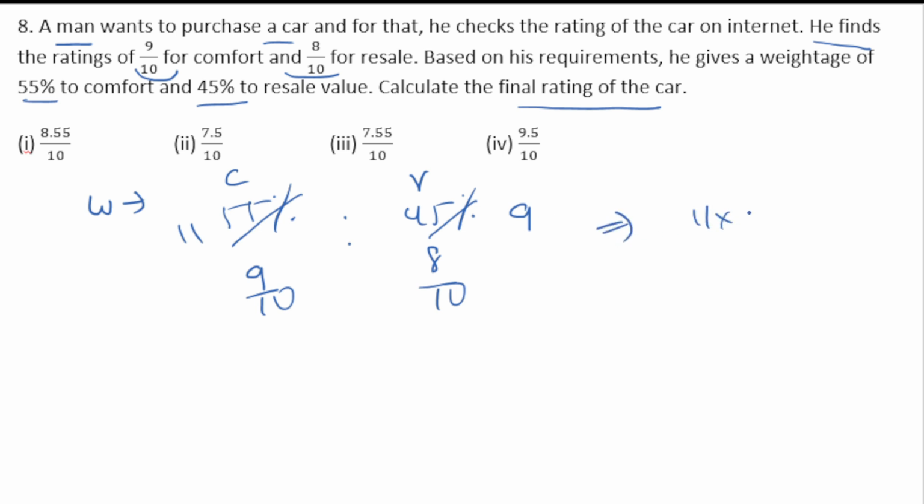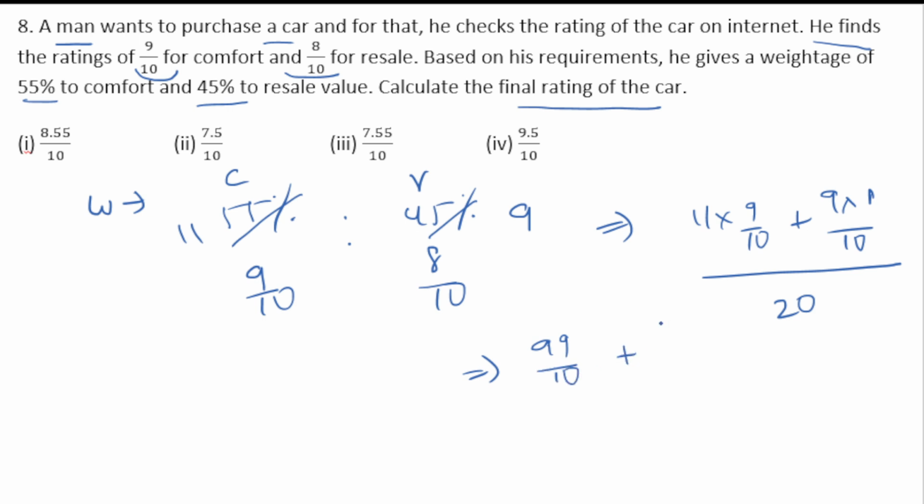It is 11 into 9 by 10 plus 9 into 8 by 10, divided by the total weightage, which is 11 plus 9, 20. So here we'll get 99 divided by 10 plus 72 divided by 10, divided by 20. This is equal to 171 divided by 10 into 1 by 20.